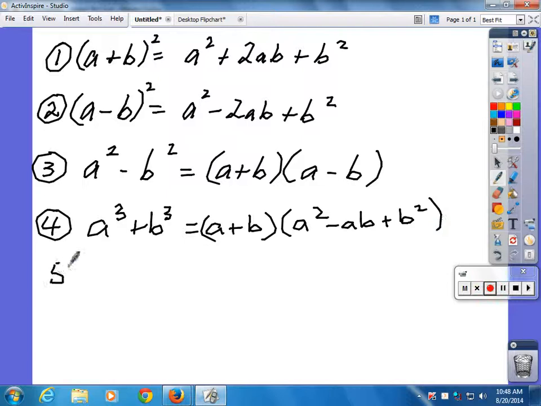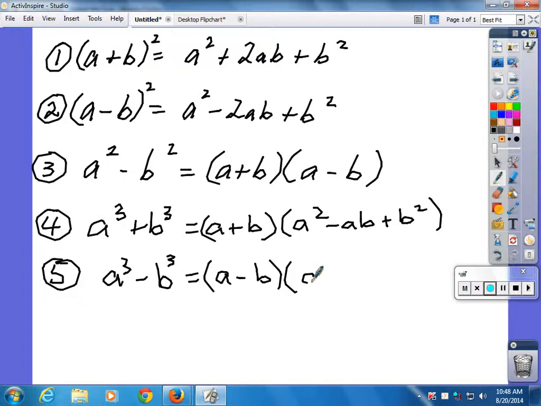And shortcut number 5 is a cubed minus b cubed is equal to a minus b times a squared plus ab plus b squared. And again, all you have to do is remember 1, and these correspond, and these are the opposite of this. Now, those are the 5 shortcuts.